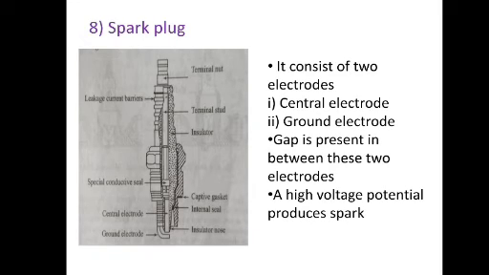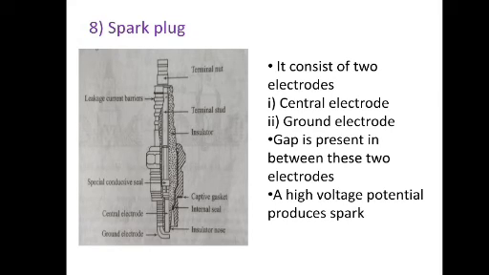Now, the eighth one is the spark plug. It consists of two electrodes with a proper gap across which the high potential discharges to generate a spark and ignite the combustible mixture within the combustion chamber. A sectional view of the spark plug is shown in the figure. The spark plug consists of a steel shell, an insulator and two electrodes.